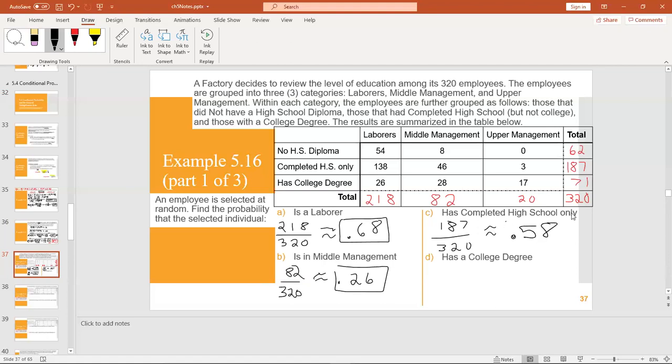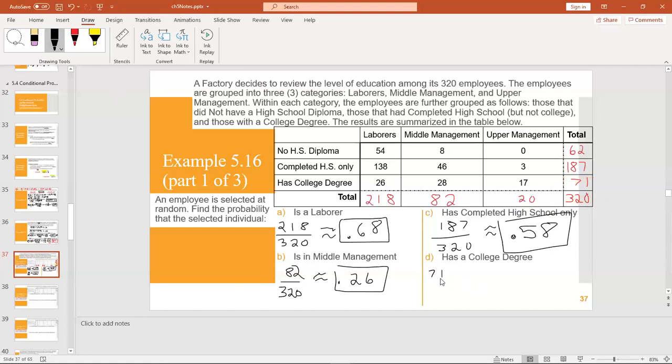So about a 58% chance. And lastly, for this slide, we've got what's the chance of someone having a college degree. The people with college degrees is 71, and again, we're still looking at out of the total population of 320.